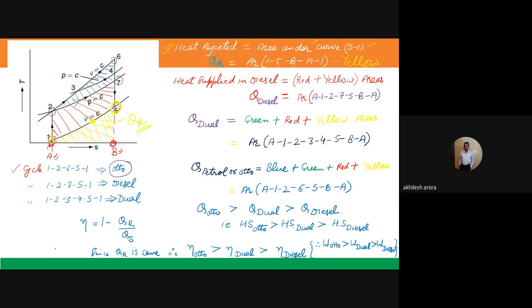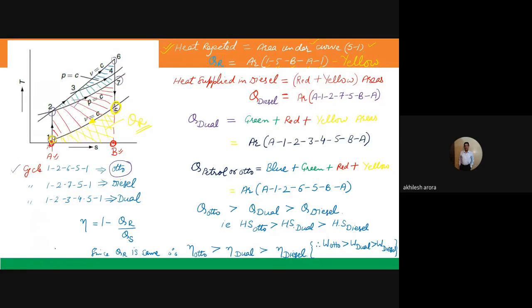This area which I have represented in the yellow color, this is the heat rejected area. Okay, and in all three cycles this area is the same. So it means heat rejected in all three cycles will be the same when I am considering that their compression ratio is the same.